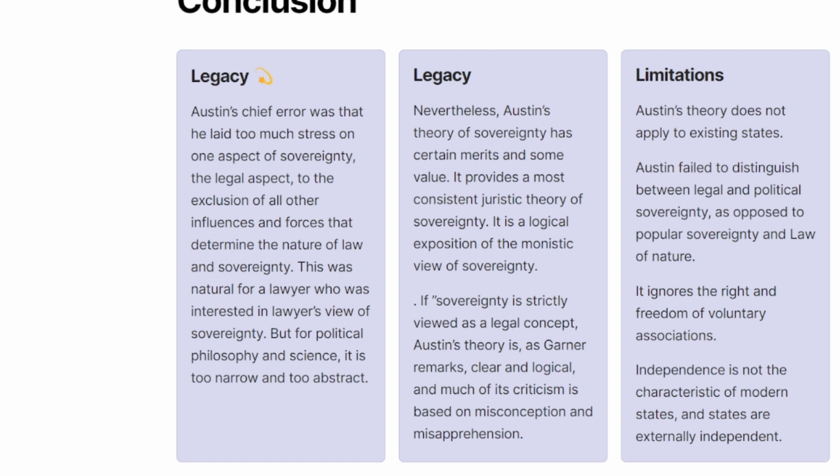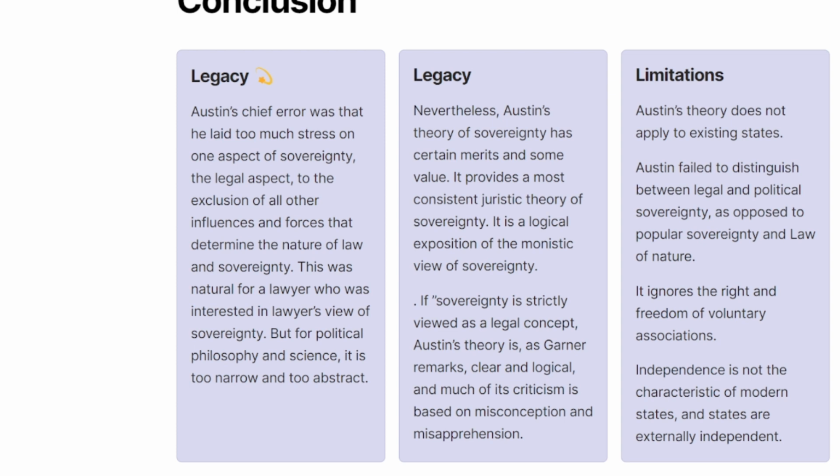He excluded popular sovereignty, he excluded political sovereignty, he excluded the electorate system of parliament. And this was natural for a lawyer who was interested in a lawyer's view of sovereignty, right? So he was not seeing sovereignty as a whole, in the circumference of every aspect. He was just seeing one aspect.